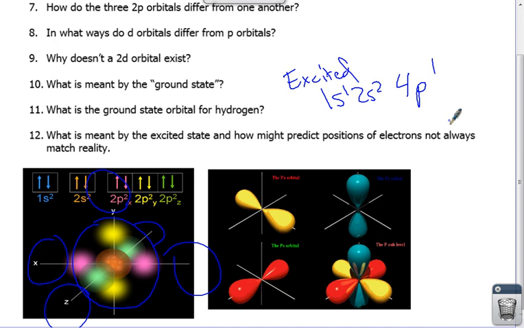It's been excited past a whole lot of layers way out there, and then the nucleus is going to pull it back in, and it's going to release a photon or 2 of light to get back in. We usually only do ground state, though. We usually only do Aufbau's ground state configurations. Everything pulled in as tight as possible.